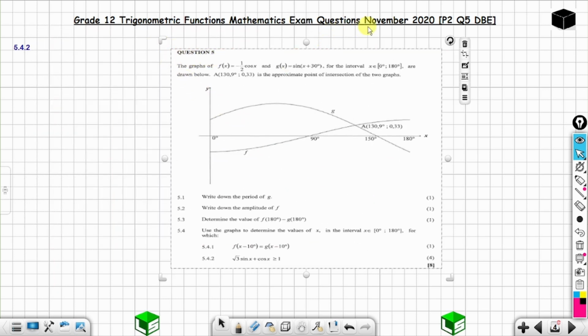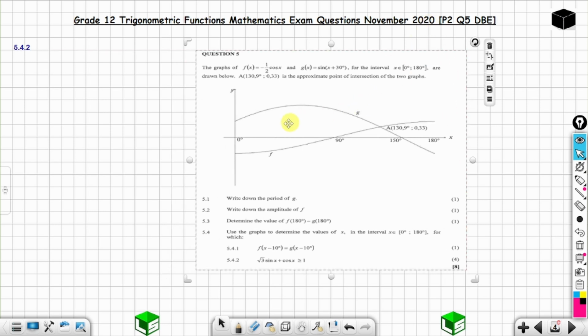Now 5.4.2: use the graphs to determine the values of x in the interval x element of 0 to 180 degrees, for which this is greater than or equal to 1. Determine the values of x for which this is greater than or equal to 1. 4 marks.